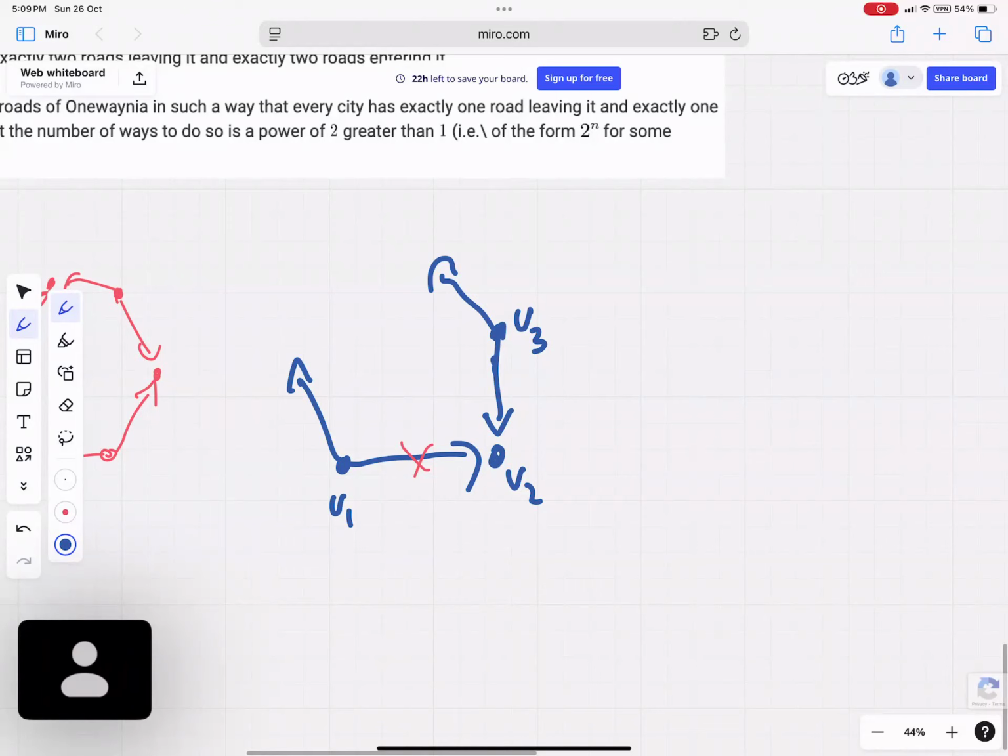Hey, there's something in the chat. Let me see. We can construct a simple undirected bipartite graph such that the subgraphs correspond to perfect matchings of the graph. Okay, I wonder how you thought of this idea. If the graph has n cycles, the number of perfect matchings is 2 to the n.